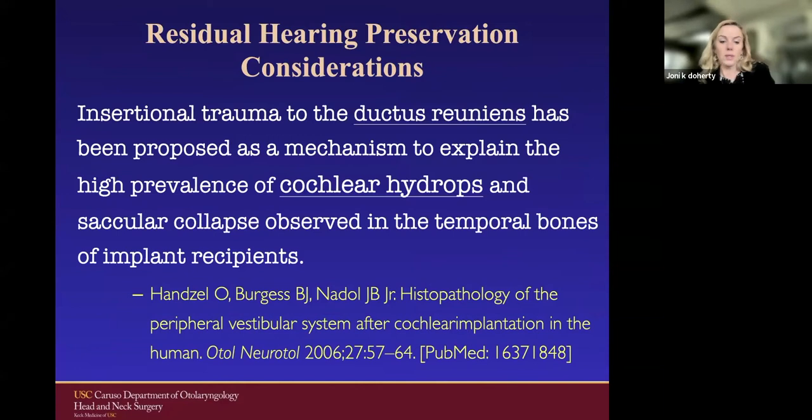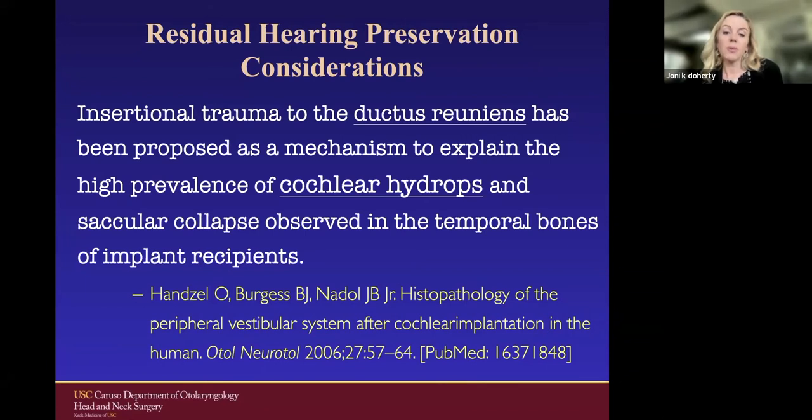So then I wanted to shift to another topic that we studied pretty deeply, along with our colleagues at Mass Eye and Ear in the histopathology lab there, and also with UCLA with Akira Ishiyama. So we studied factors that may contribute to residual hearing preservation in cochlear implant recipients.